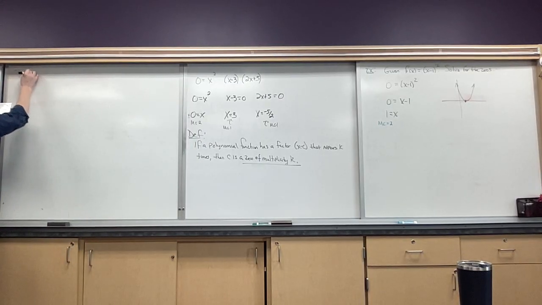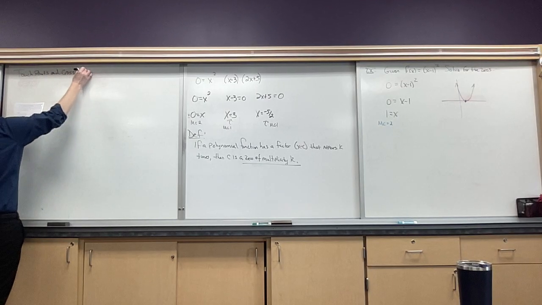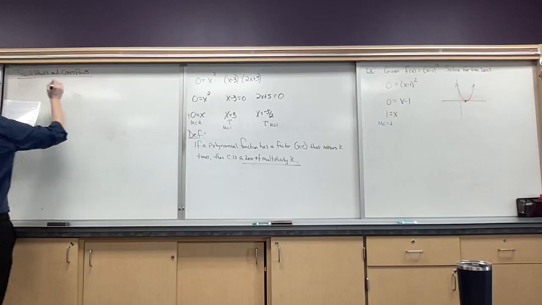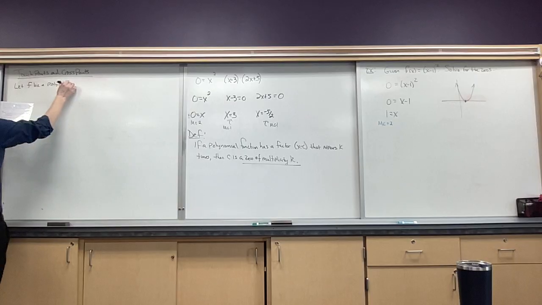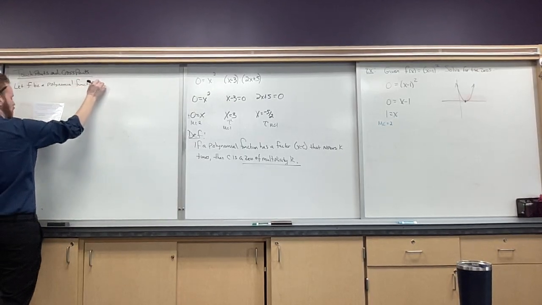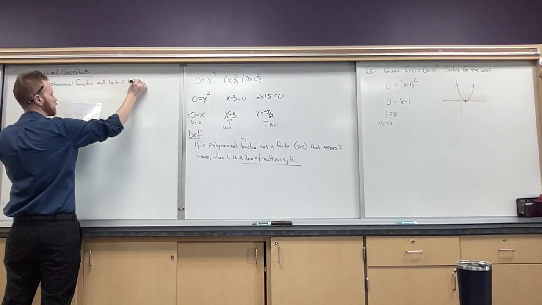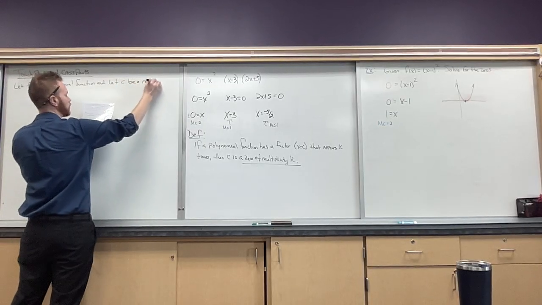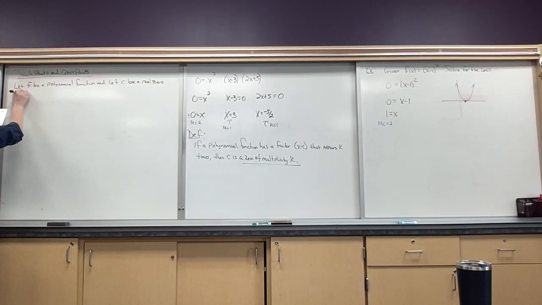So we call these guys touch points and cross points. Let f be a polynomial function, and let c be a real zero of f.